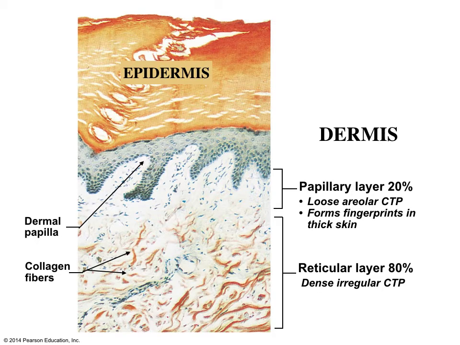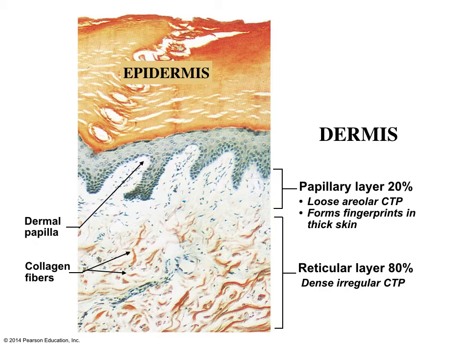Deep to the epidermis, you will find the dermis. Dermis is connective tissue proper, CTP, and it consists of 2 layers. The more superficial papillary layer accounts for about 20% of the dermis. This is loose CTP. In thick skin, the papillary layer is even thicker and is responsible for the fingerprints that appear in thick skin.